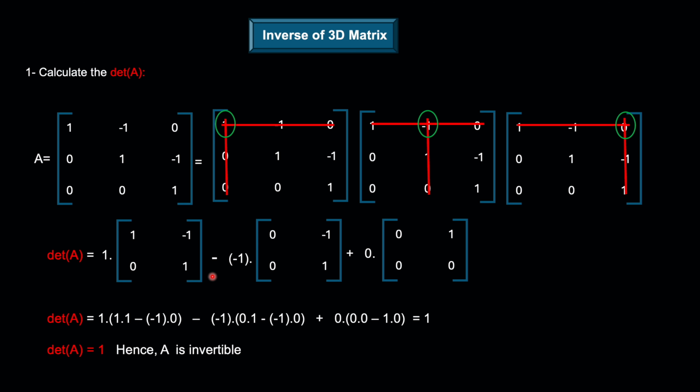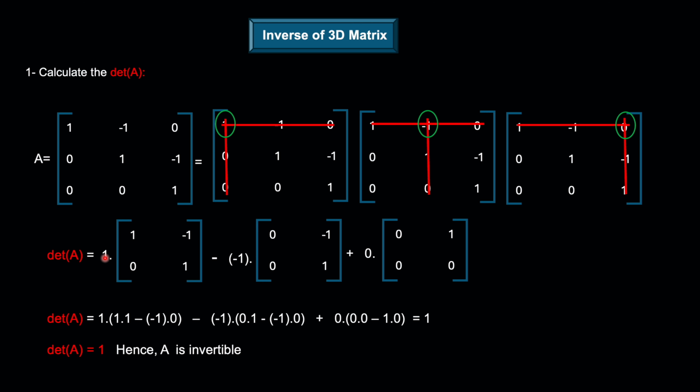We have a rule to calculate the determinant, so we always take plus, minus, plus. So minus, and here we have minus 1, right? So minus 1 multiplied by the matrix 0, minus 1, 0, 1, plus, we had 0 here, right? So 0 multiplied by the matrix 0, 1, 0, 0.